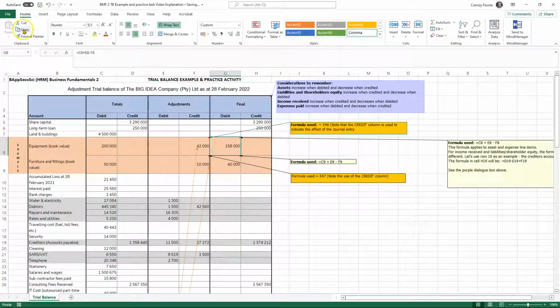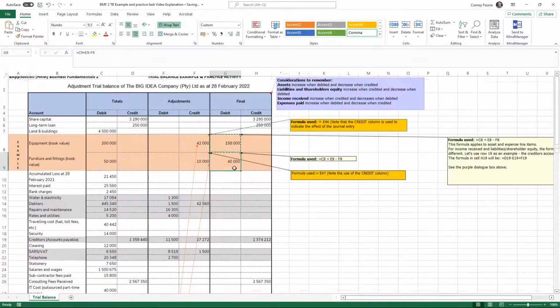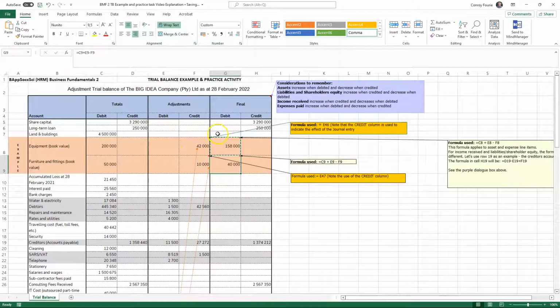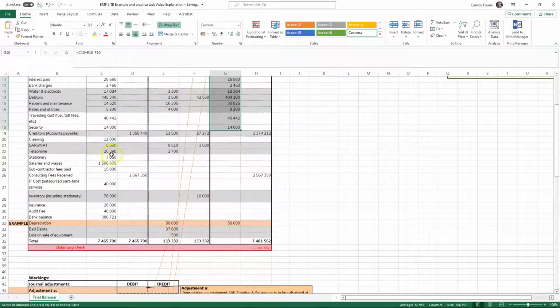So we can do the same here. We can copy the formula, copy, see it's highlighted. This one is already done for us. There's a debit here for land and buildings. So let's paste the formula in there. And then we can do this up to there. So we highlighted all those cells because all of these are debits, and we can paste the same formula in there. Debits, all debits. Is that right? Oh, cleaning as well.